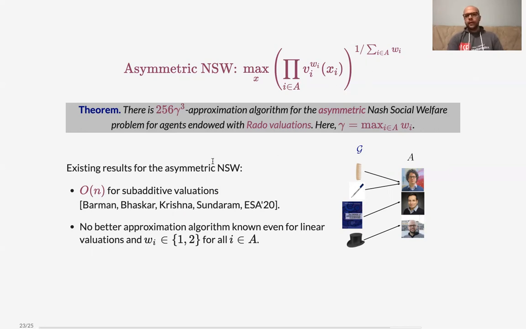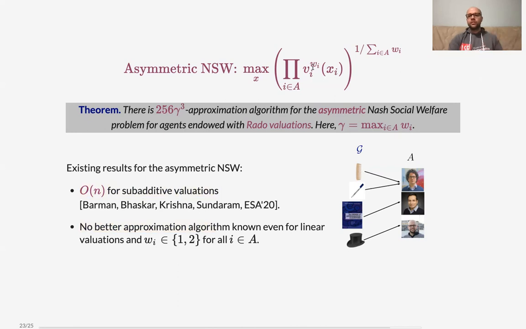And I will just point out that before our result, not much was known for asymmetric Nash social welfare. Essentially there was an algorithm for sub-additive valuations, and no better approximation algorithm was known, even in the special case when we have linear valuations and when these exponents w_i were just 1 or 2. And the algorithm is really the same as I mentioned before. We just need to work out also with the weights, but that makes the notation a bit more cumbersome.